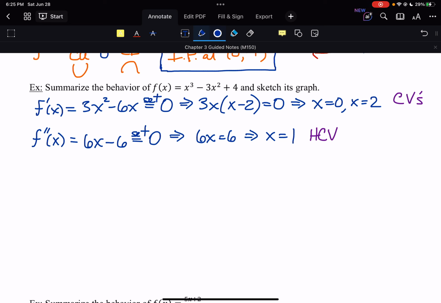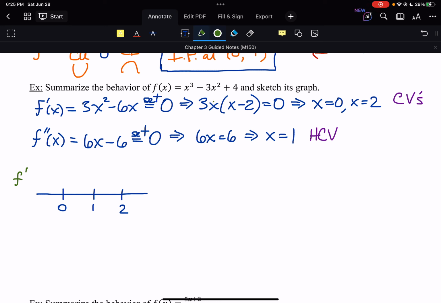So now we go ahead and set up our number line. So we're going to have, let's see, 0, 1, and 2. And we'll do f prime first.